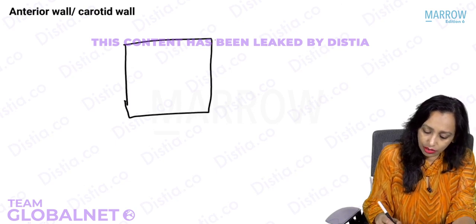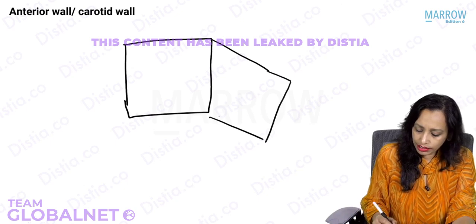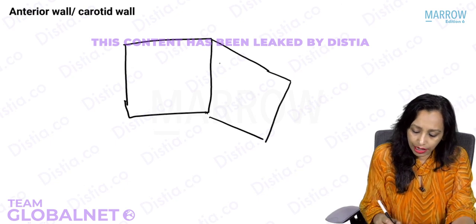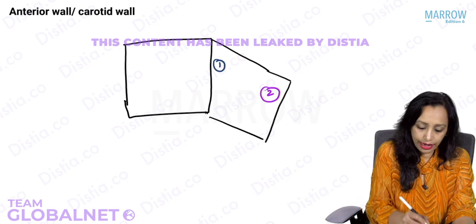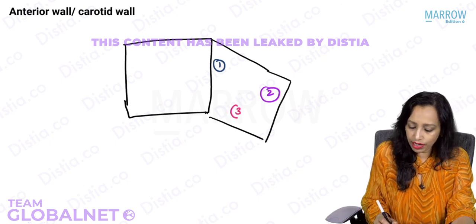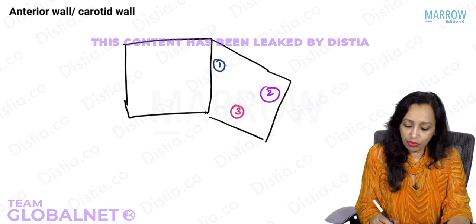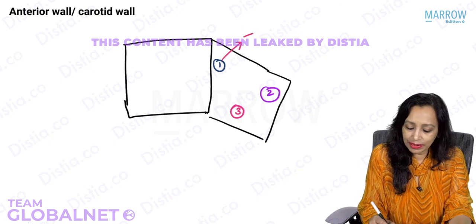So if we draw the anterior wall, how will that be? Here this is the medial wall, and here we have the anterior wall. On the anterior wall, I am going to mark 3 structures. I'm marking this 1, this 2, and this area as 3. So these are the 3 openings. You tell me which one is what. What will be 1? Very good, 1 will be the tensor tympani.